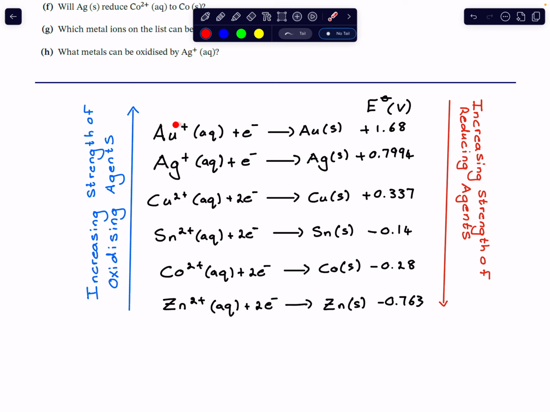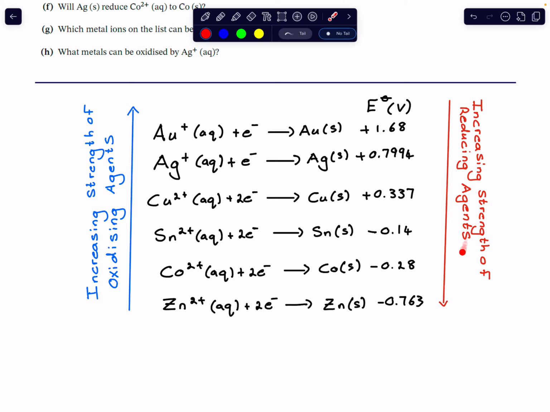In other words, gold has the greatest likelihood of being reduced of all of these species. So the gold ion, the Au+ ion, has the greatest likelihood of being reduced of all of these, making it the strongest oxidizing agent.